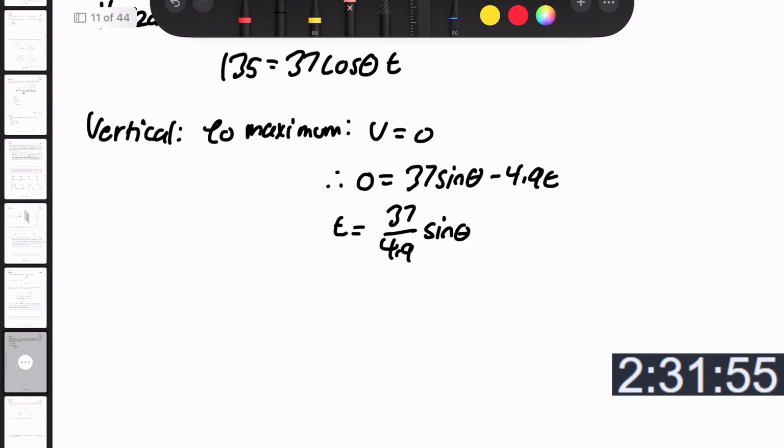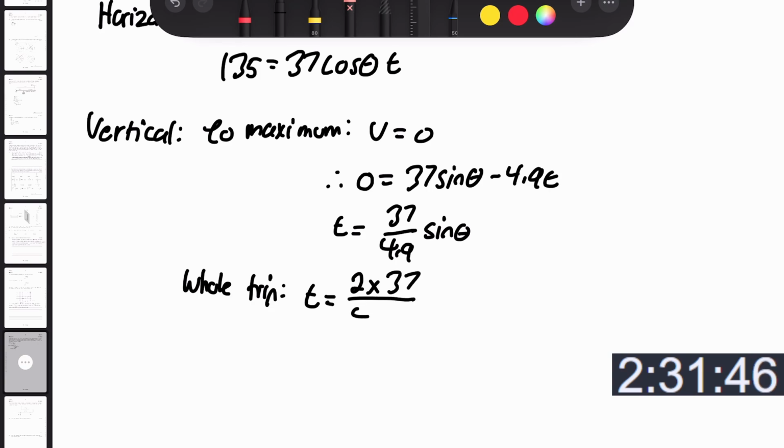So then for the whole trip, t is equal to 2 times 37 over 4.9 sine of theta.